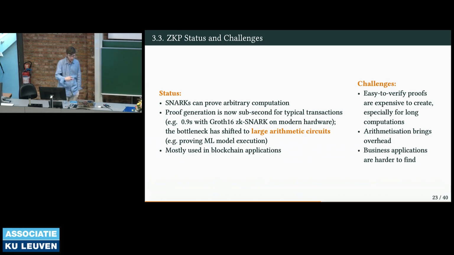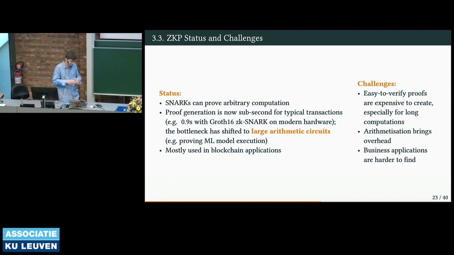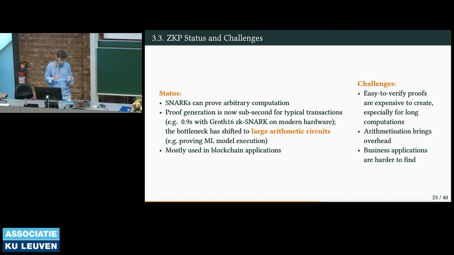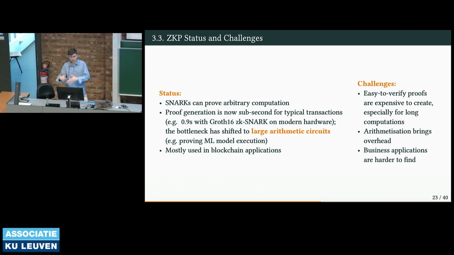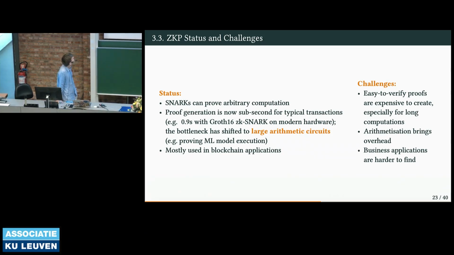So usually what you want to do is make a large computation, and if you want the chain to approve, you give a proof of this that gets verified by the chain. It's cheaper to verify the proof on the chain because it's less computation than what you did. But the cryptography tells you that if the proof is valid, then the computation was done correctly. So there's been a huge drive from there.